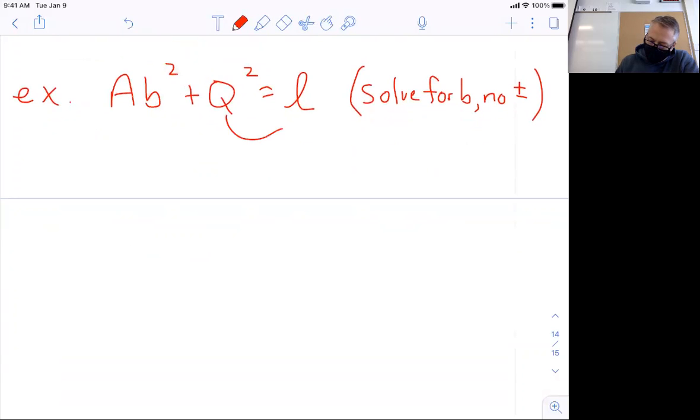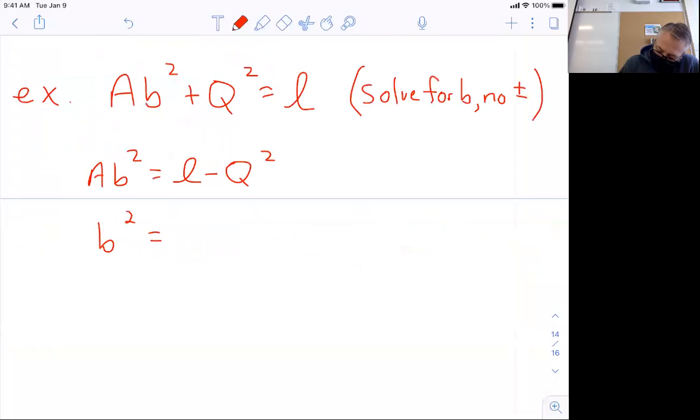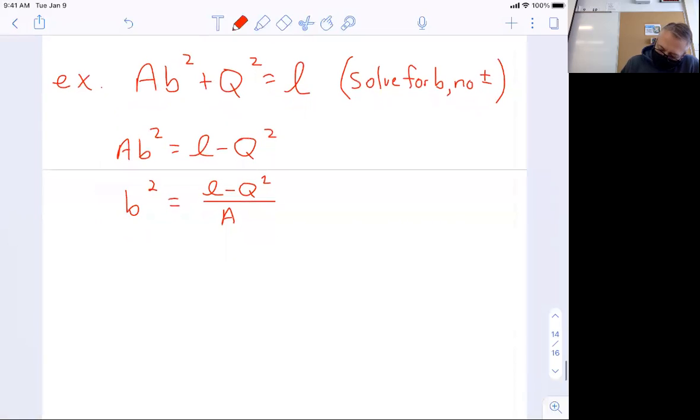So first move that q squared over. So I get big A b squared is equal to L minus q squared. Divide by A. So I get b squared is equal to L minus q squared over A. And take the square root of both sides.